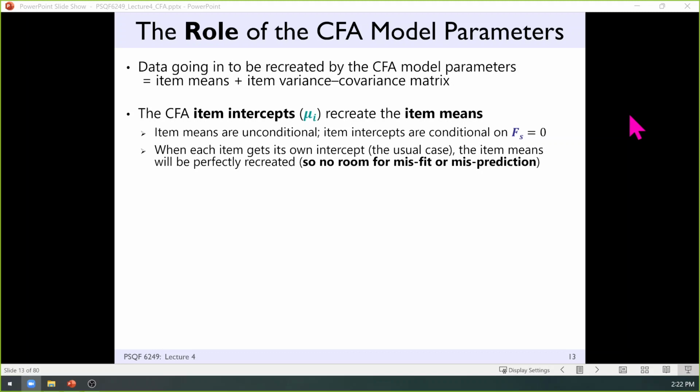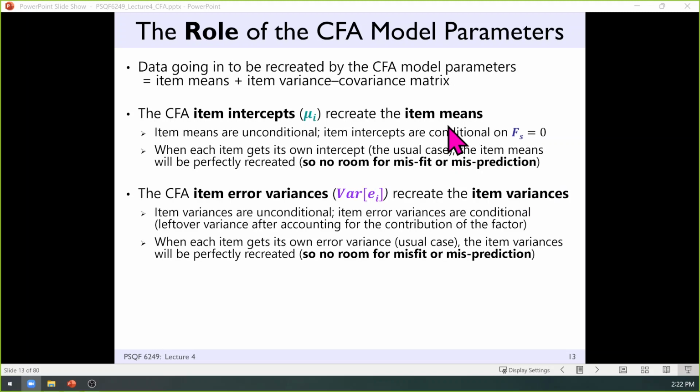And so these will almost always be perfect. So long as each item gets a separately estimated intercept, those intercepts will fill in whatever gap needs to be there to recreate the item means. No problem. So that means we can't be wrong with respect to recreating the means. Likewise, the error variances for the individual items, so long as we allow one per item to be separate, can't be wrong because they are going to fill in whatever part of the total variance is not the factor.